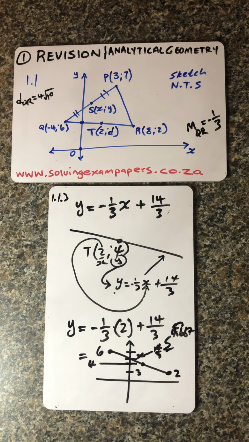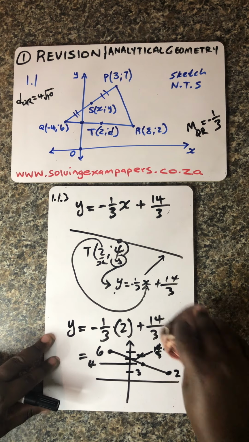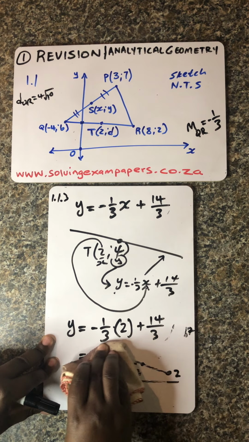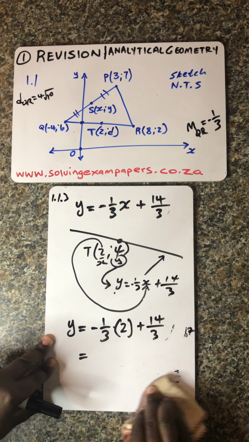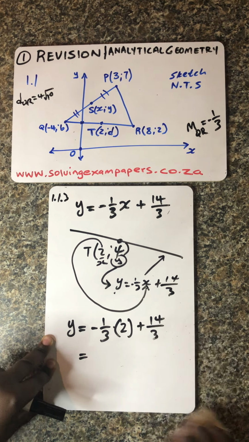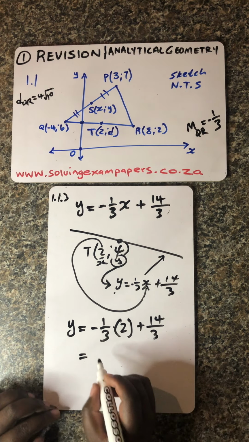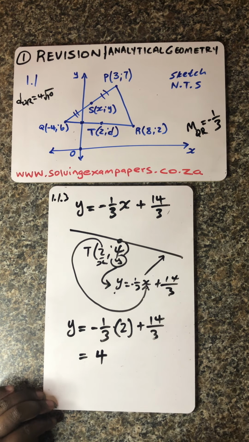Okay, so guys, this is the type of information that I find very interesting, because if you are able to analyze and interpret those given sketches, ladies and gentlemen, it gives you the confidence in knowing whether your answer is wrong or correct. Okay, so guys, in answering the question, remember this part, it was just to explain to you how you interpret these drawings. So our y value was 4.